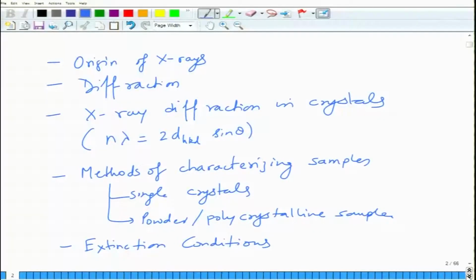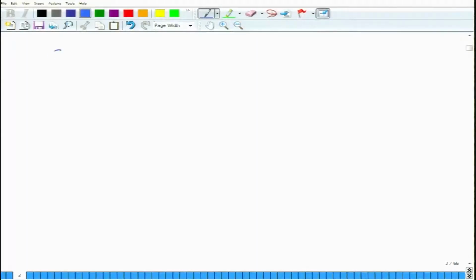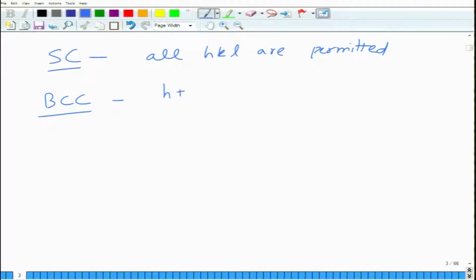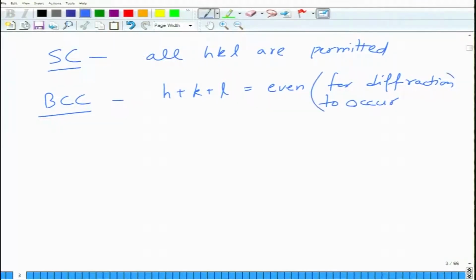So what we saw in the last lecture was that if you have a simple cubic structure, then all HKL are permitted. If it is a BCC structure, then H plus K plus L must be even for diffraction to occur, and H plus K plus L odd means no diffraction from those planes.